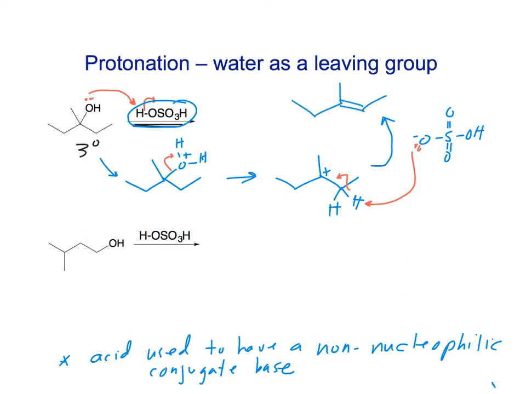So what kind of a mechanism does this look like? This would follow an E1 mechanism, right? Because our leaving group is coming off, forming the carbocation intermediate, which then leads to our product.